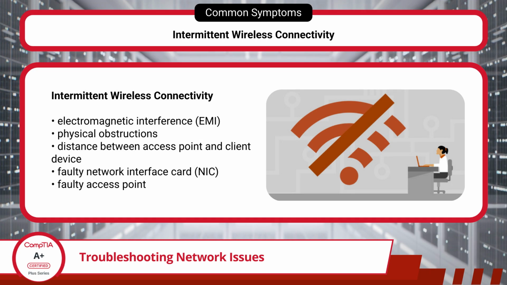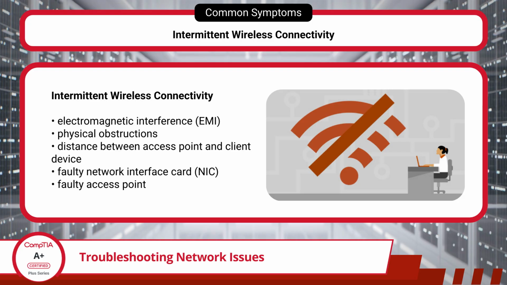Intermittent wireless connectivity, a prevalent issue in wireless networks, can stem from various factors. Alongside the electromagnetic interference we previously discussed, physical obstructions like walls, furniture, or other obstacles can weaken wireless signals, leading to signal loss or degradation.